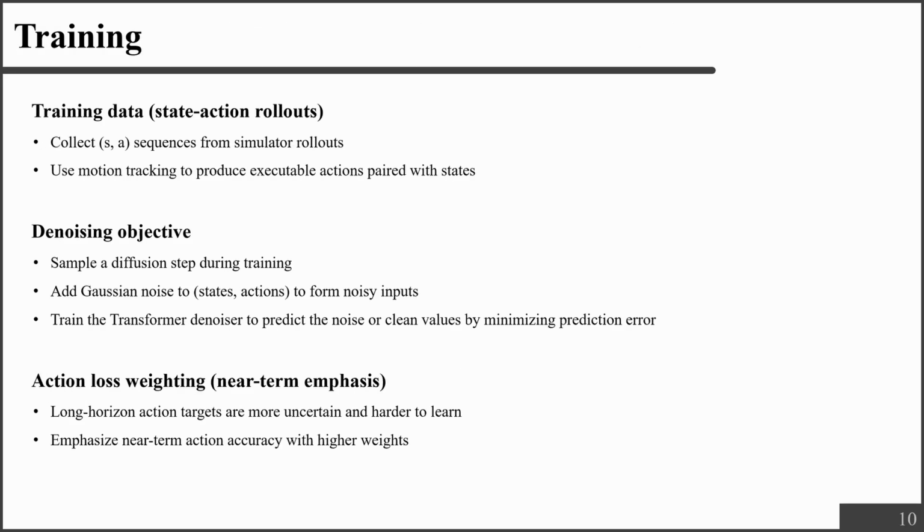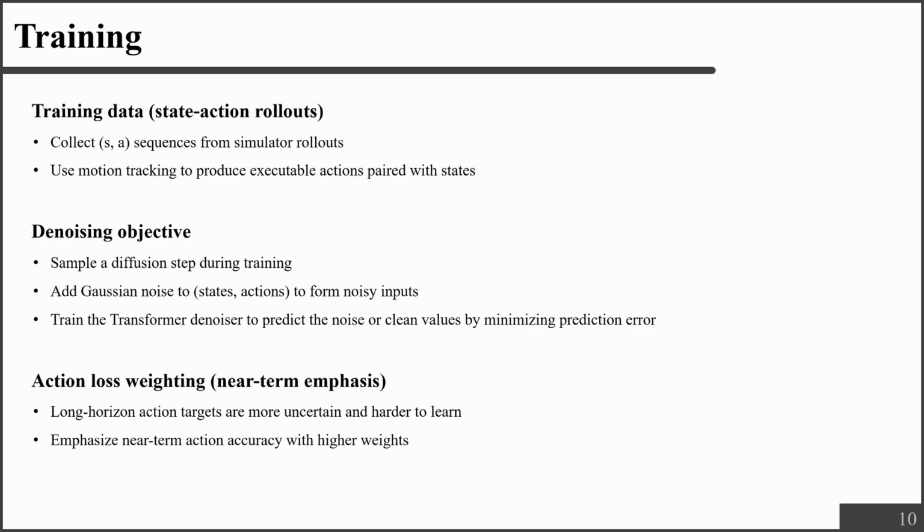So it's about how to train the model. The training dataset contains sequences of states and corresponding actions that were executed in simulation. In many setups like this, actions can be PD targets, but the key point is that actions are executable and paired with states.